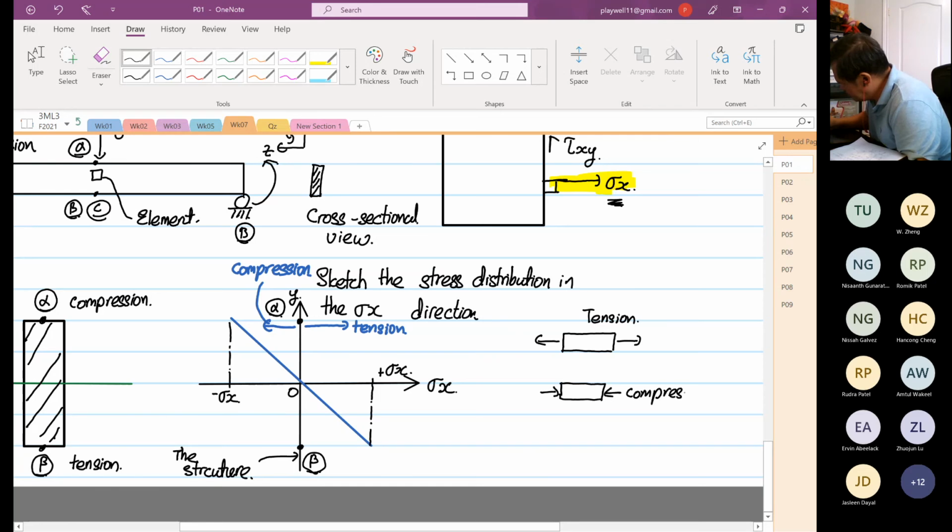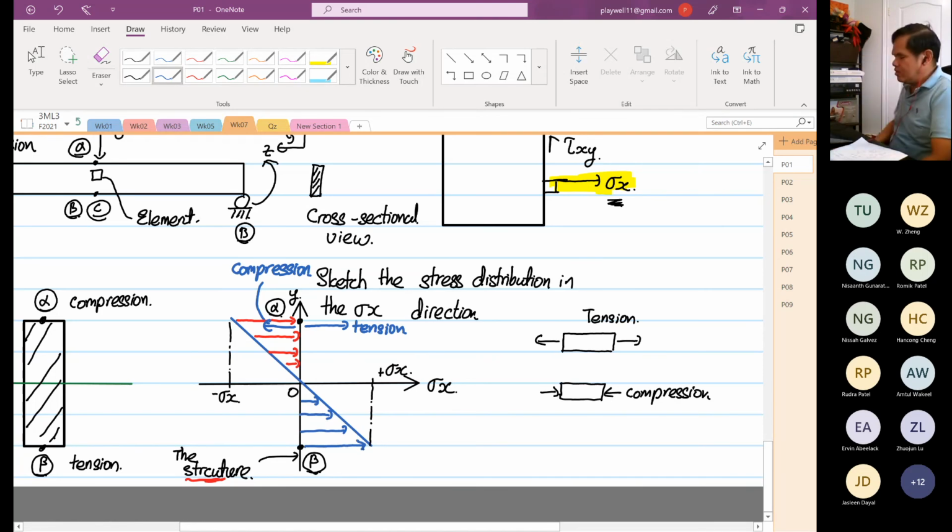So to sketch the profile, the structure is at the center. Compression means it's pushing towards, so I'm going to draw how the stress is acting. The stress is pressing, it's compression, pressing on the structure. And on the other side, tension is pulling away from the structure.